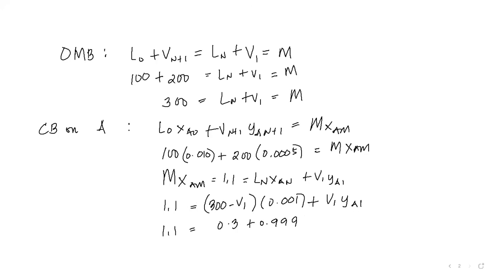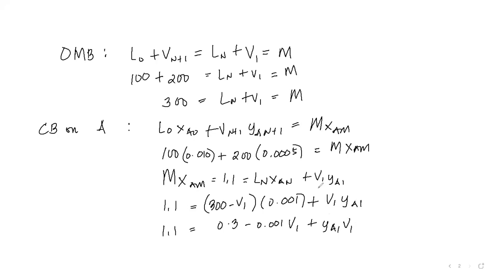So we cannot combine the two. So that would mean that you have here minus 0.001 V1 plus YA1 V1.